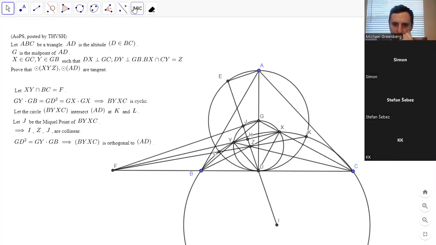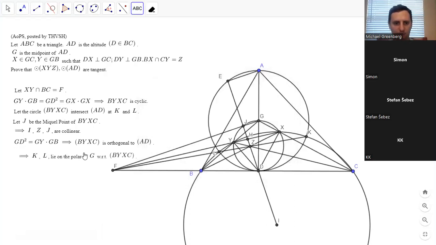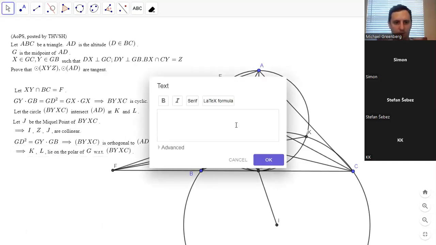Okay, so K and L lie on the polar of G, and then by Brocard's theorem, F and Z lie on the polar of G, with respect to BYXC.